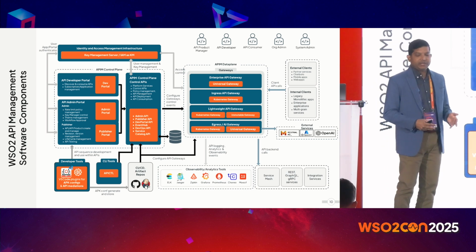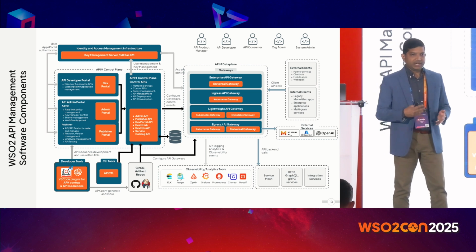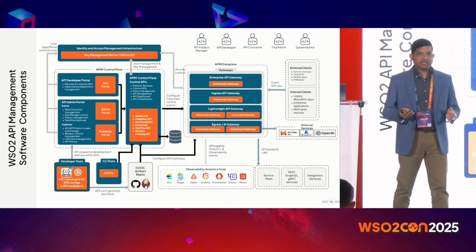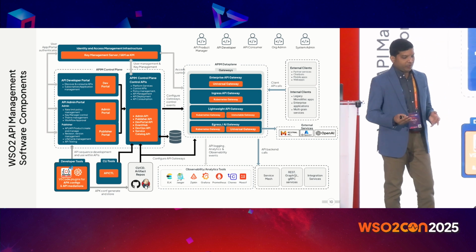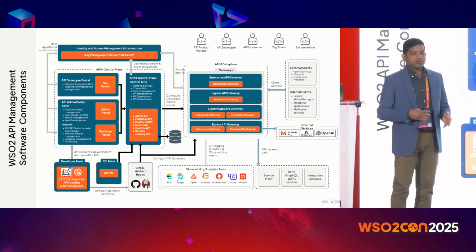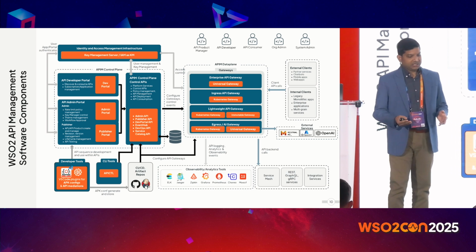At the admin level, you can create rate limiting policies, onboard gateways, onboard key managers, and also theme the developer portal. Workflow approvals are also handled from the admin console.